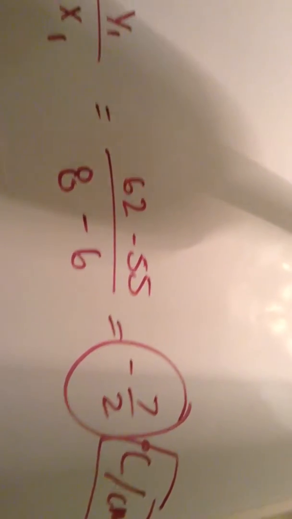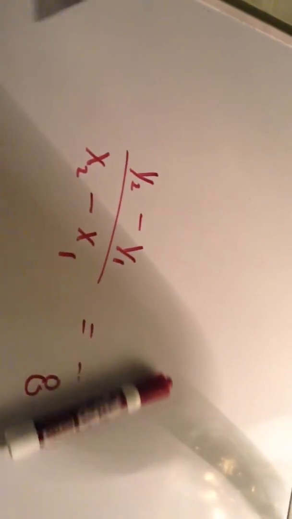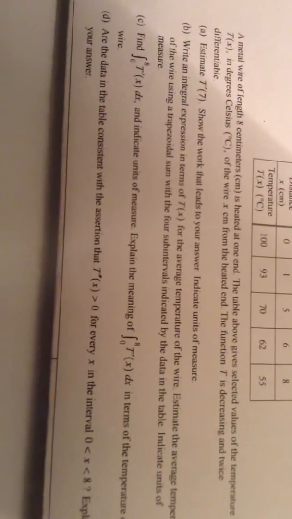Okay, moving on to part B. Part B asks you to write an integral expression in terms of x of t for the average temperature of the wire. Estimate the average temperature of the wire using a trapezoidal sum with the 4 subintervals indicated by the data in the table. Indicate units of measure. This is a lot at first, but it's actually pretty easy.